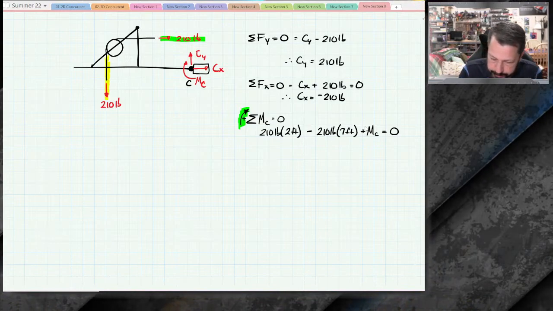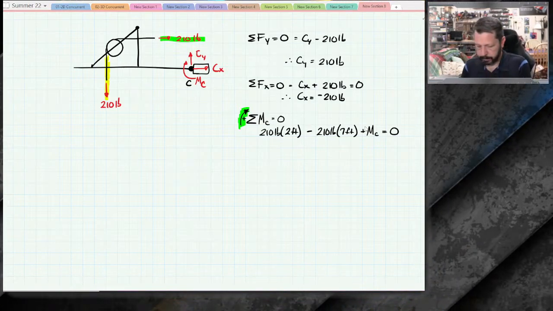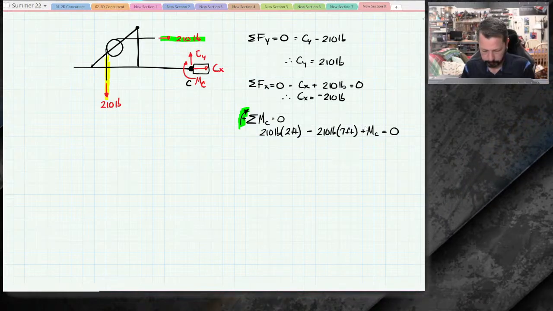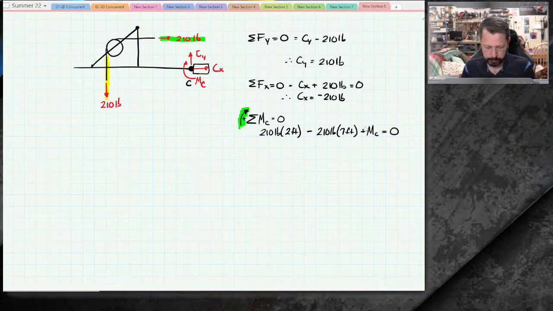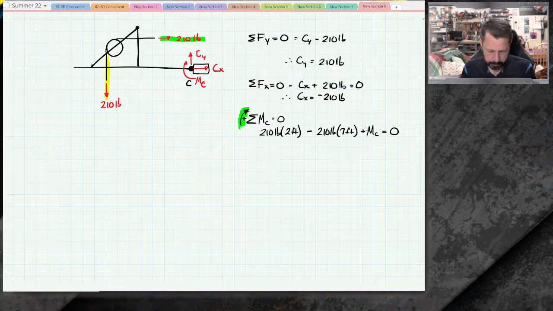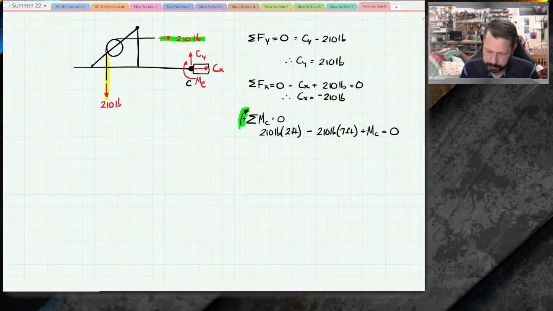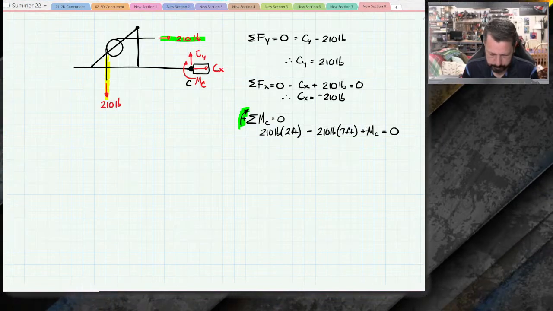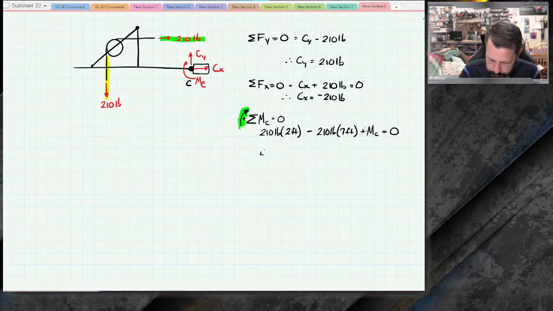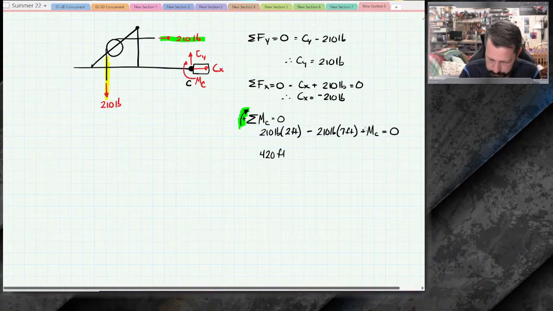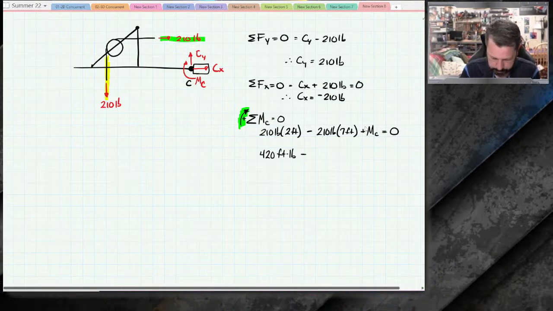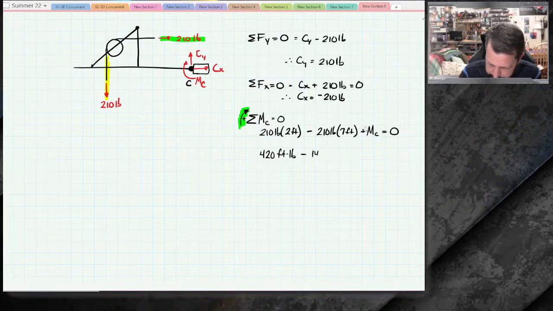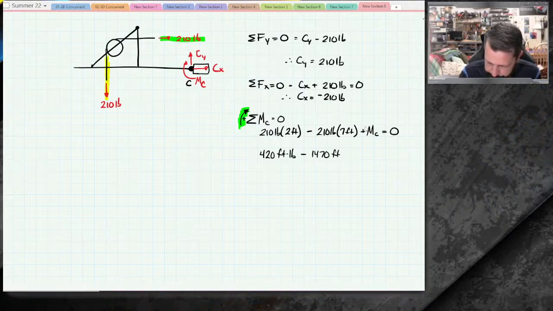So we've got 210 pounds times 2 feet, 420 foot-pounds, minus 210 times 7, 1470 foot-pounds.